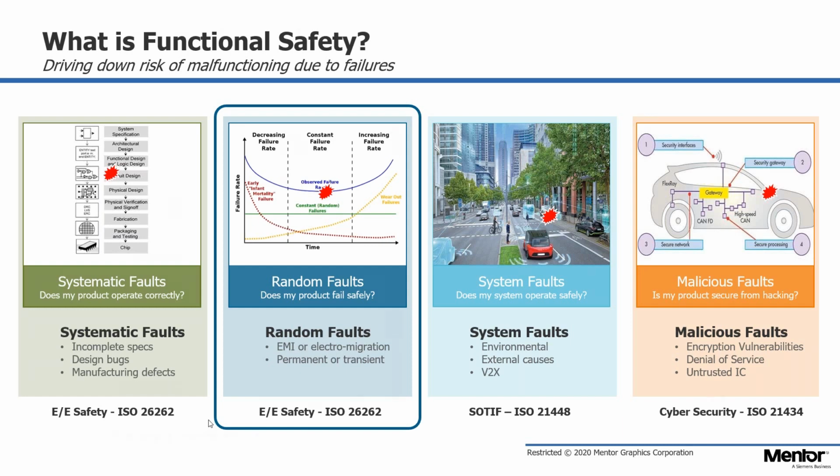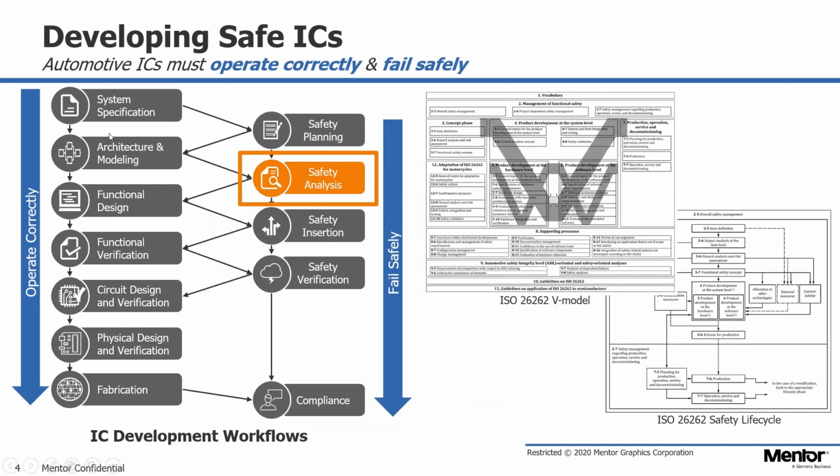Again, with the two pillars on the left side, I think most of us know what these things are all about concerning avoidance of systematic faults, meaning we write specifications, we do some functional design, we do some functional verification, and so on. However, the topic of my talk today is the right side, the fail safety.